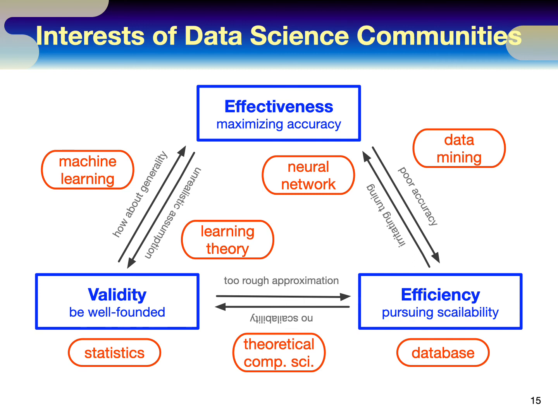Each community of data science seems to weigh these criteria differently. Currently, effectiveness and efficiency seem to be more focused on. However, factors for validity, such as fairness, would become more important to put data science to practical use.